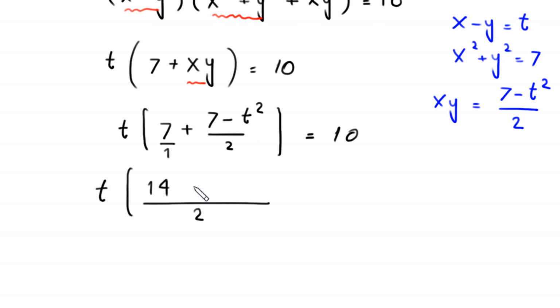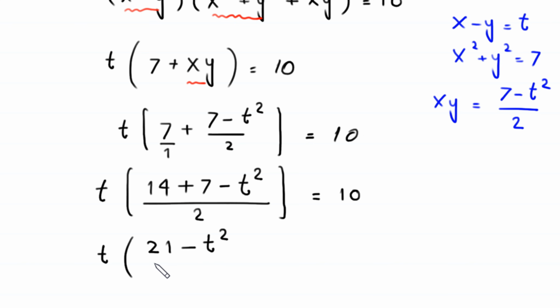This plus will come here and 2 divided by 2 is 1. 1 times 7 is 7, and 1 times negative t squared is negative t squared. Further simplify, this will become t times (14 plus 7, which is 21, minus t squared) divided by 2 is equal to 10.